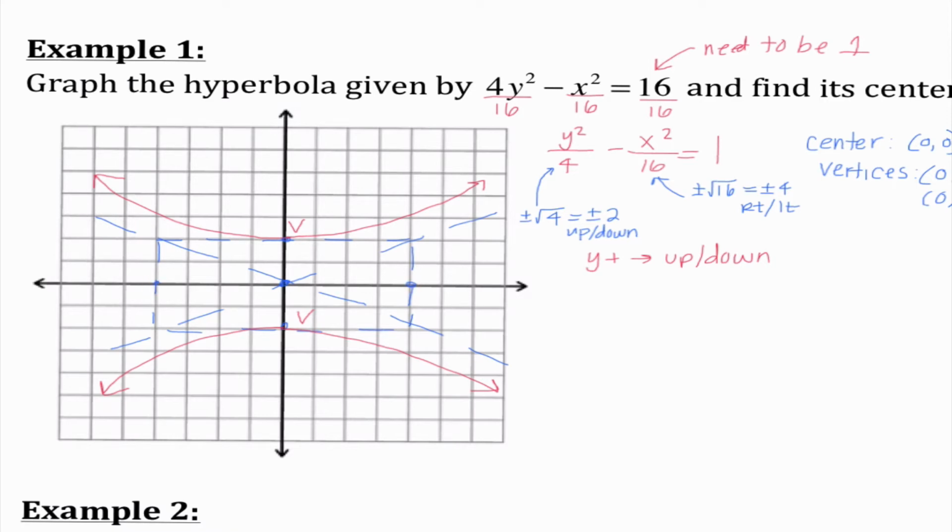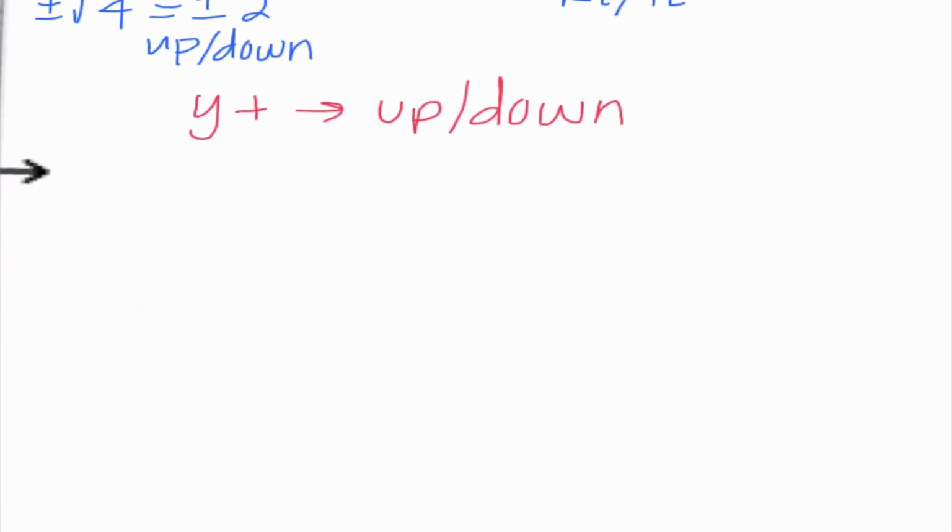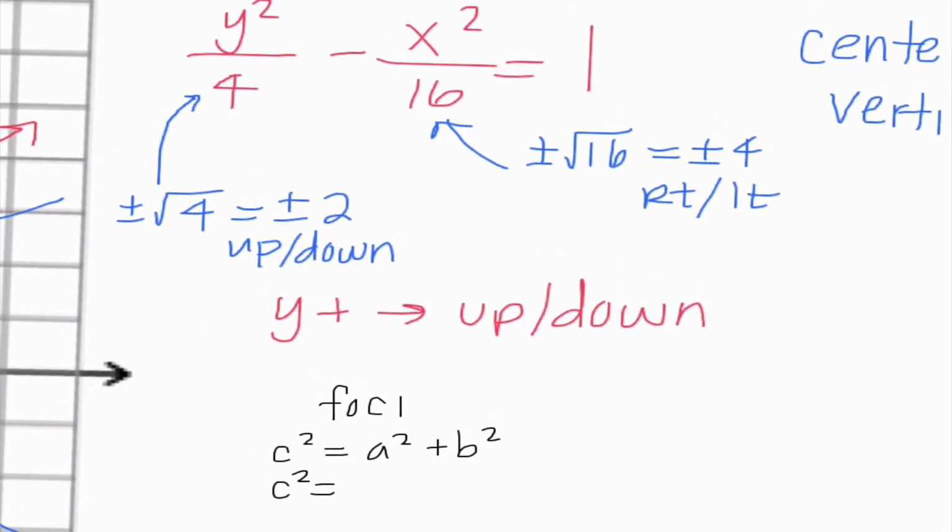So the final thing we need to do is figure out where are the foci. So I'm just going to write foci, and we said the equation we need to know here is c squared equals a squared plus b squared. So in this case, a squared and b squared are these denominator values right here.